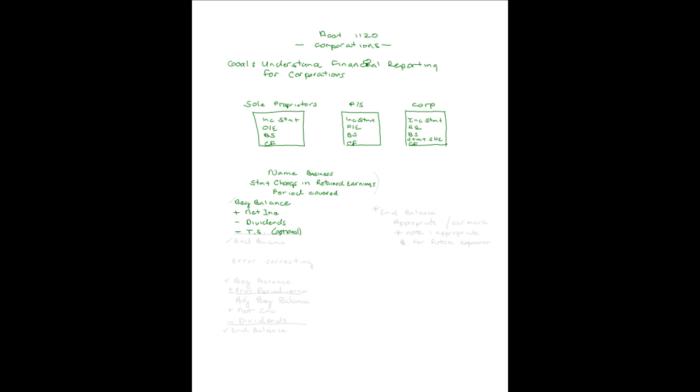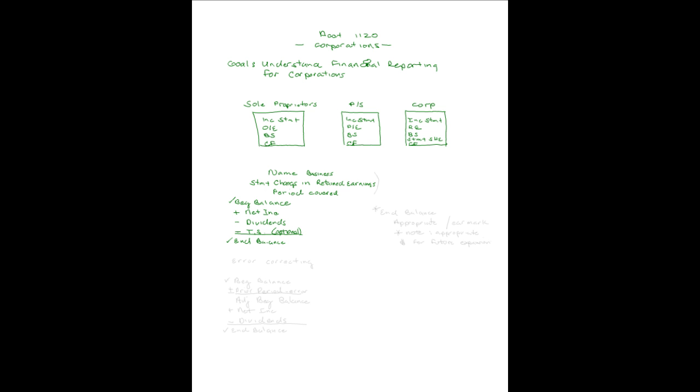So it goes up and it goes down, and then it has an ending balance, and this ending balance ties to the balance sheet. So this ties to the last balance sheet, and this ties to the current balance sheet. And that looks for the world like the statement of changes in owner's equity and partnerships, except we have dividends instead of draws.